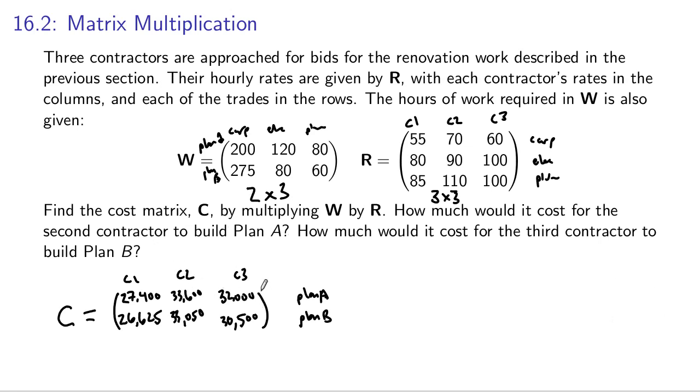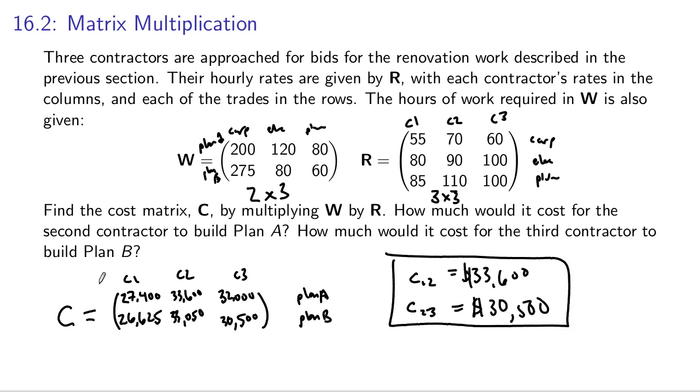Second contractor plan A is C12, which is $33,600. How much would it cost for the third contractor to build plan B? Plan B is row 2, third contractor is column 3, $30,500. So here are our answers.